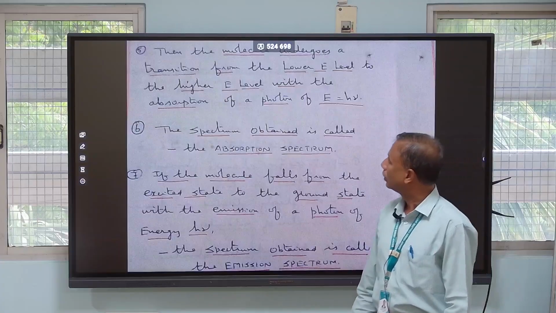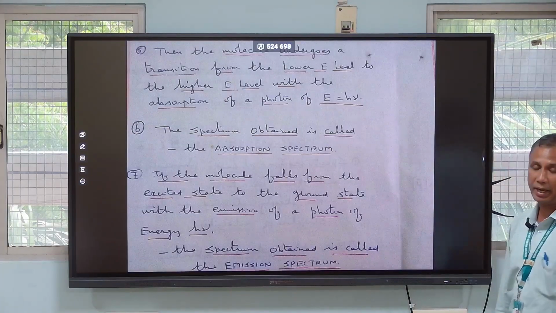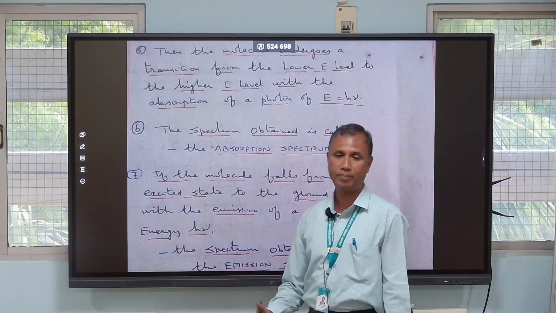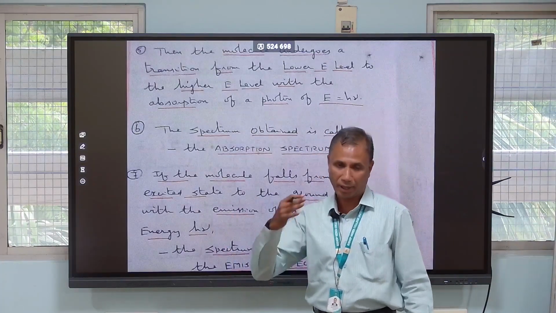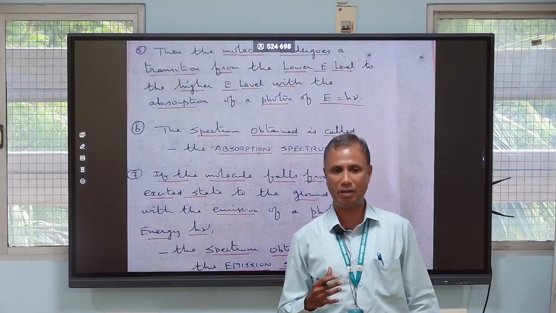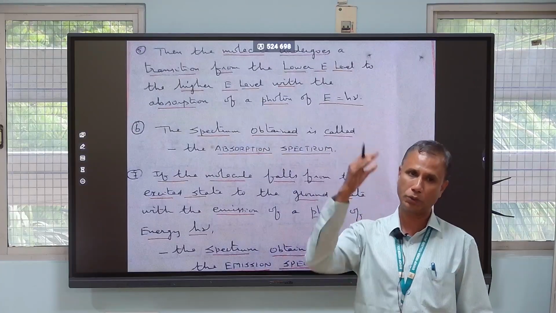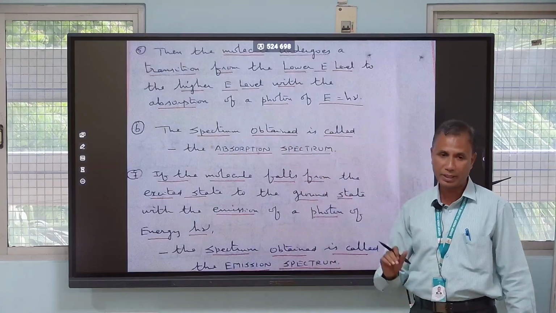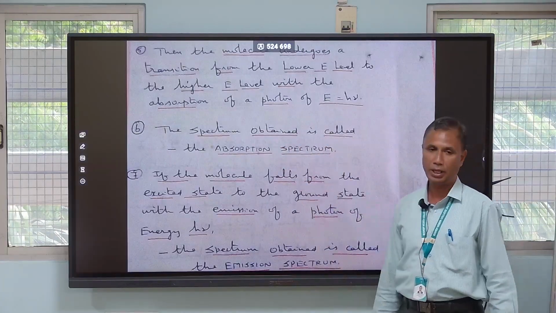Then the molecule undergoes a transition from the ground state to the excited state after gaining energy from the photon. The spectrum obtained in this condition is called the absorption spectrum.